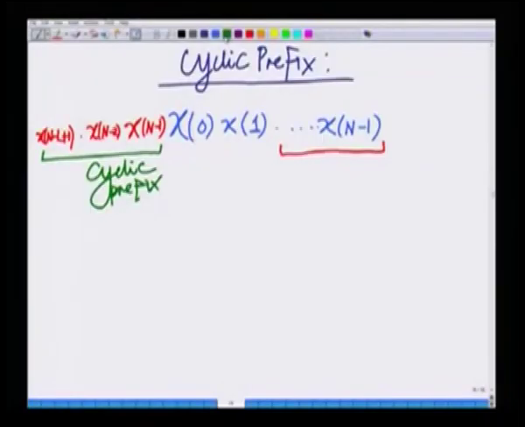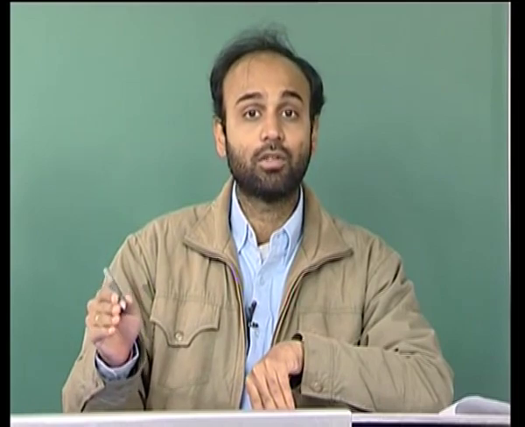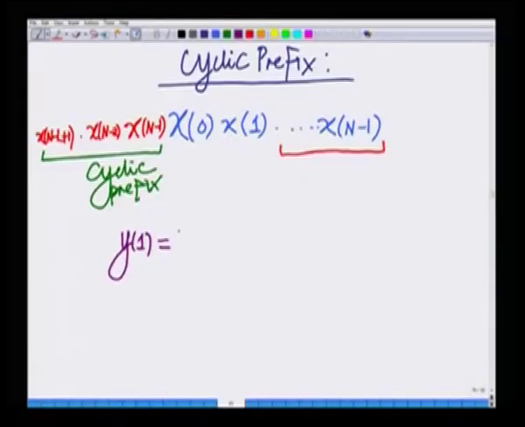The received symbol y1 in this scenario is given as follows. Now, let us look at y1 across the same intersymbol interference, ISI, channel, multi-tap ISI channel with taps H0, H1, up to H L minus 1.